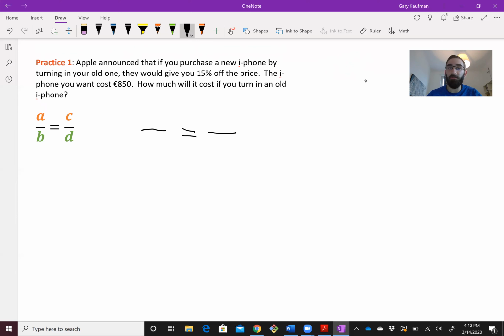So that means we have 15% off. There's two ways of doing this. I'm going to start with saying X represents price after percentage off. Well, that means after 15% off. So that is right here.